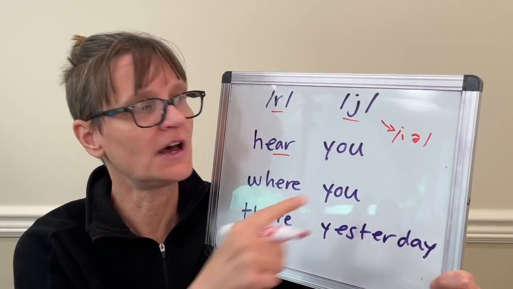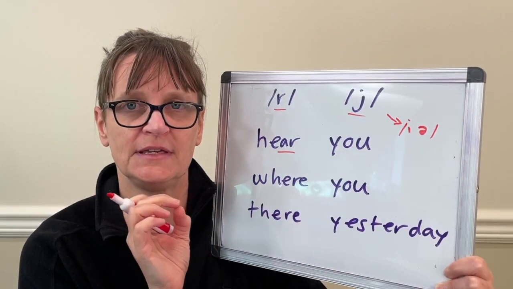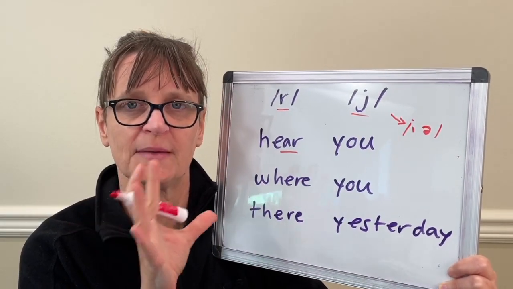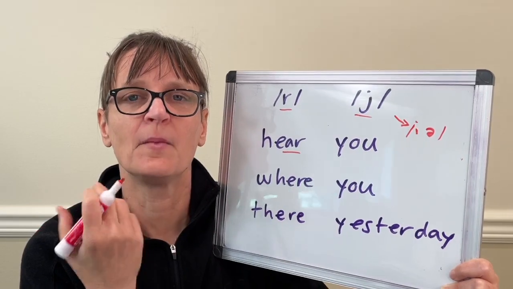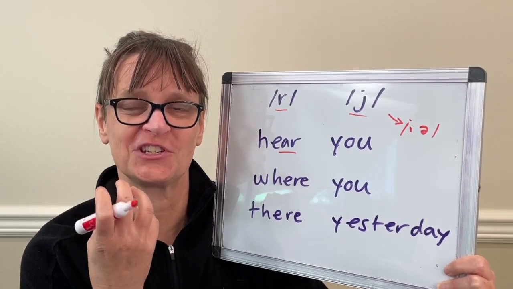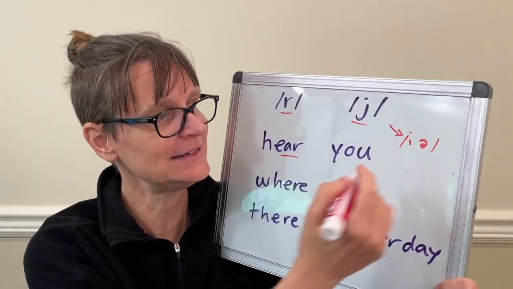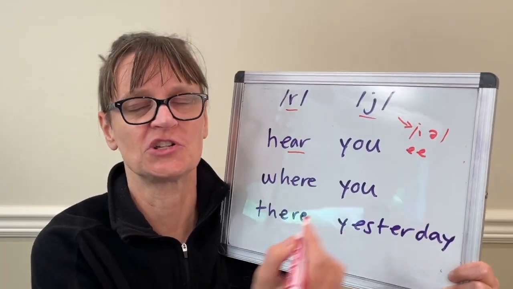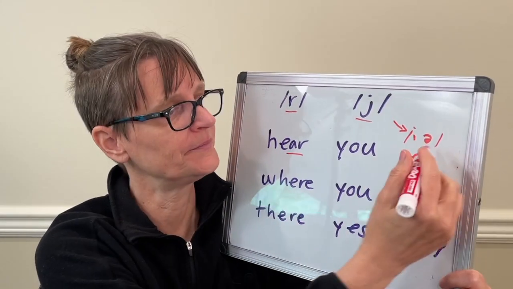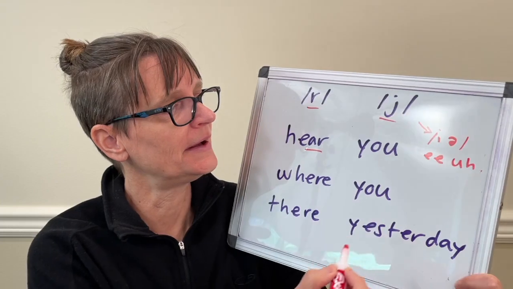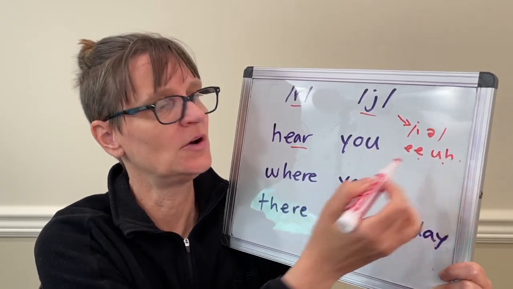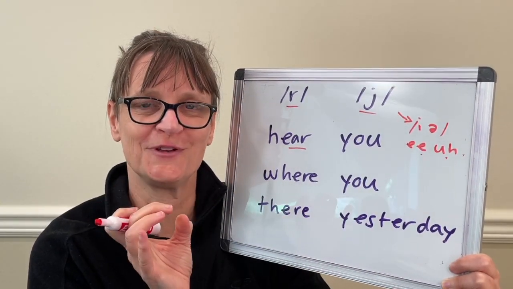So it's not an E and an uh, it won't be the same as saying uh. But my tongue moves from the position it's in when I say the vowel E to the position it's in when I say the vowel uh. So it's not saying an E or an uh, it's moving between those two spots.